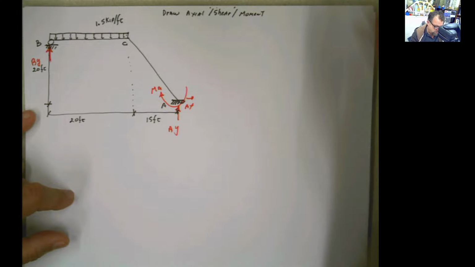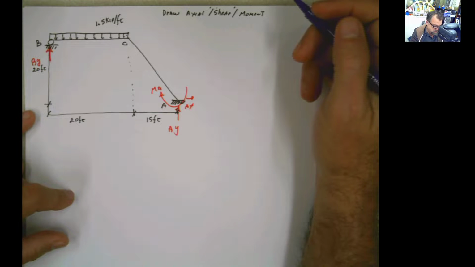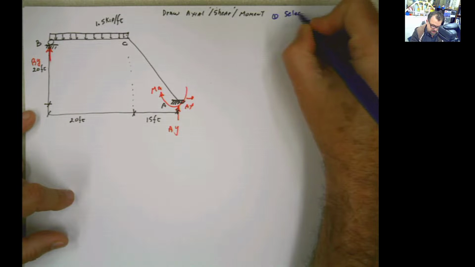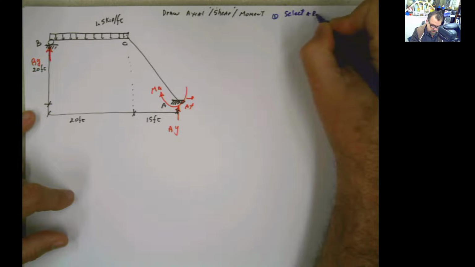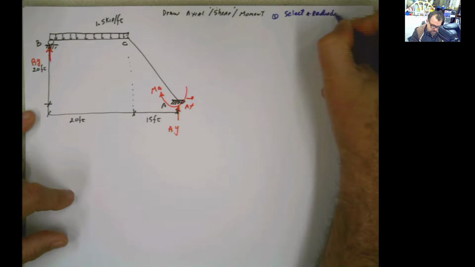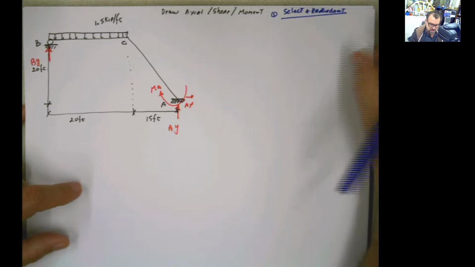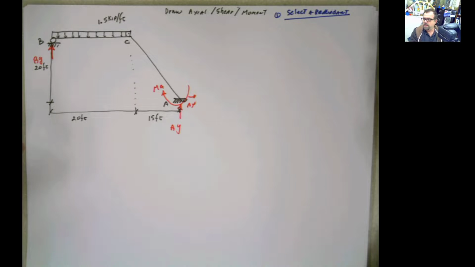So for the force method, or the superposition method, the first step is to select a redundant. A redundant reaction is one reaction that is in excess, if you will. That reaction is not going to affect the stability of the structure, and the structure is still going to be in equilibrium.